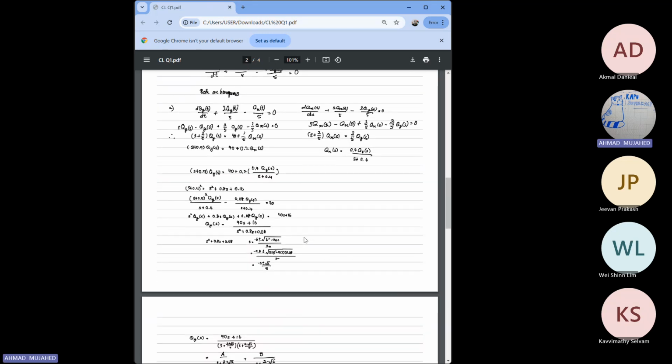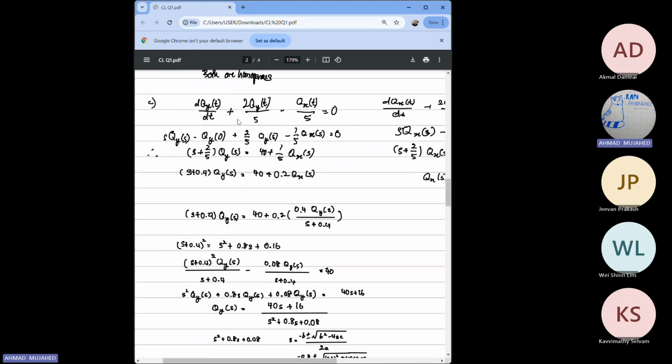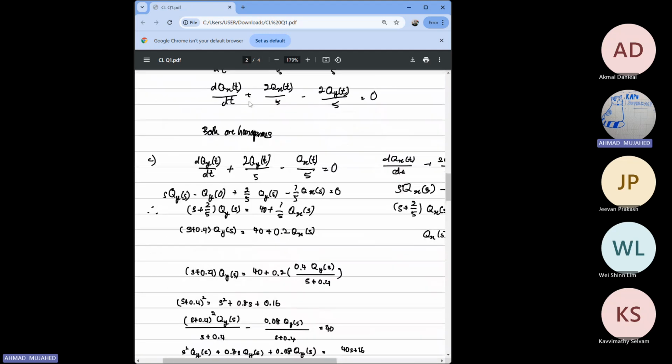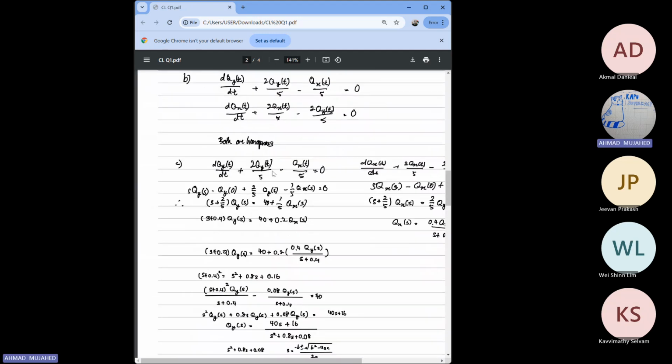So question C is to use the Laplace transform to find the amount of salt in each tank at time t. So we start off here, the same equation for the homogeneous. This is tank X, I believe.